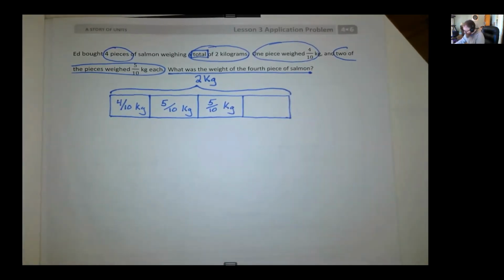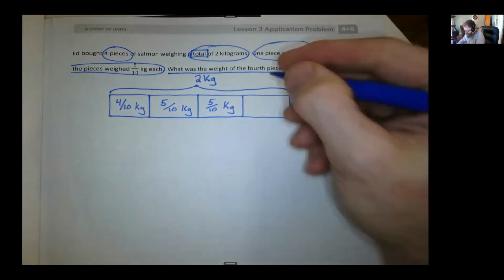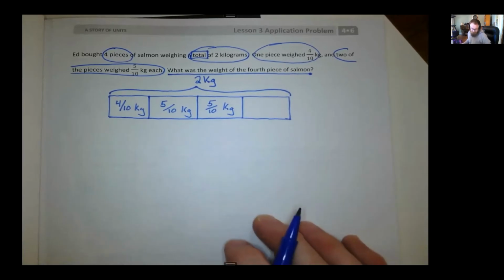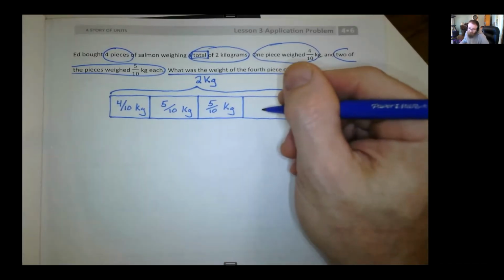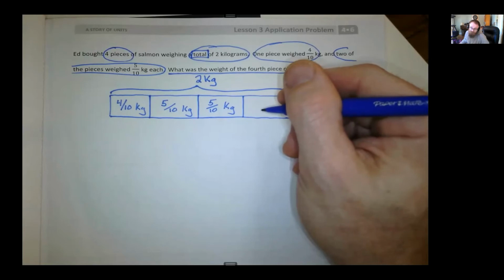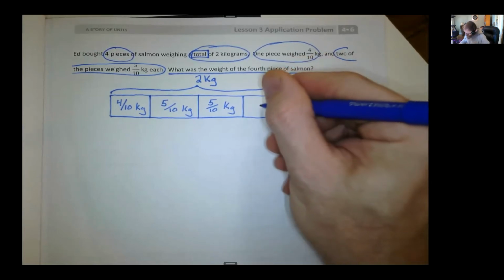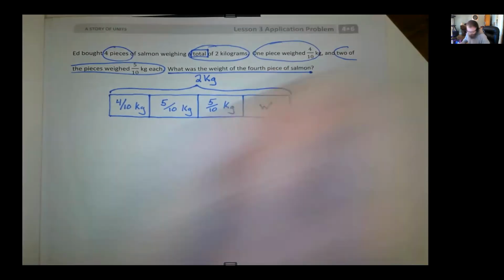Our last box is the last piece of salmon, the 4th piece of salmon that we're trying to find the weight of. So we're going to mark that with a variable, with a letter, until we find out what the value is exactly. Let's use the letter W for weight.